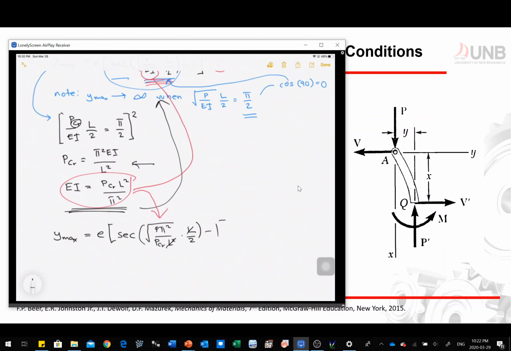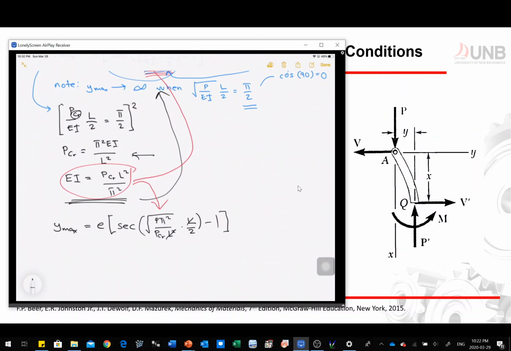Oops, I forgot the square bracket here. Now the final form for your y max after this step is e times secant of square root of P over PCR times pi, so now it's outside the square root, over 2, minus 1.